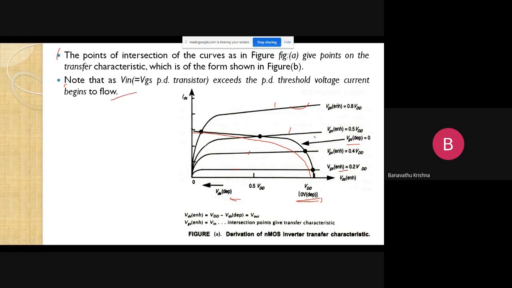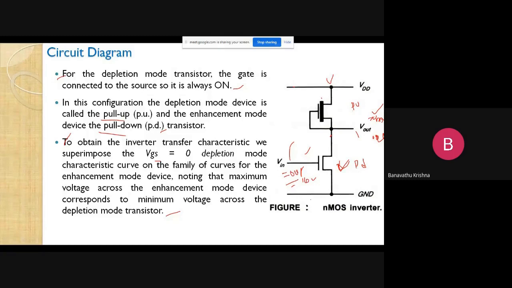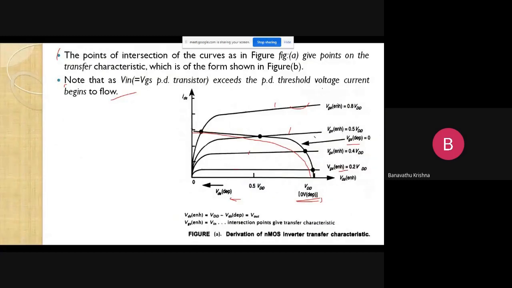The input voltage exceeds the threshold level of the pull down transistor, that is VGS is greater than or equal to VT, and only then do we expect the pull down transistor to be in on condition. In that case, there is a path between VDD and VSS, and the current will flow.